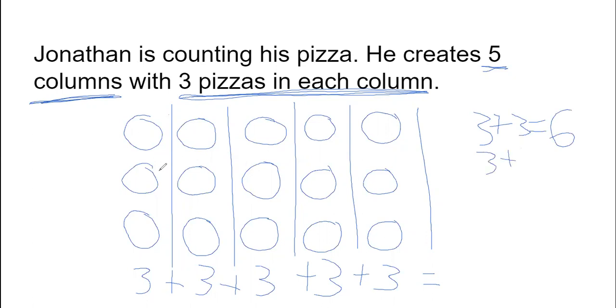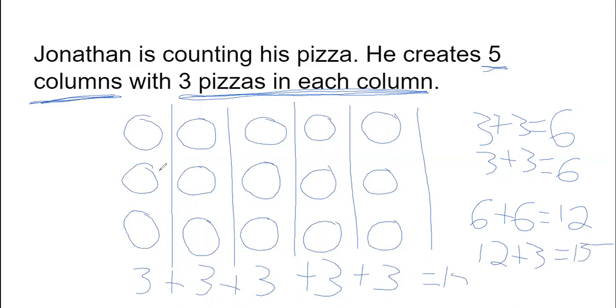I have another 3 plus 3 down there, which is 6. 6 plus 6 is 12. And then I'm going to do 12 plus that other 3 will give me 15. Or I can skip count, 3, 6, 9, 12, 15, if you know how to skip count.